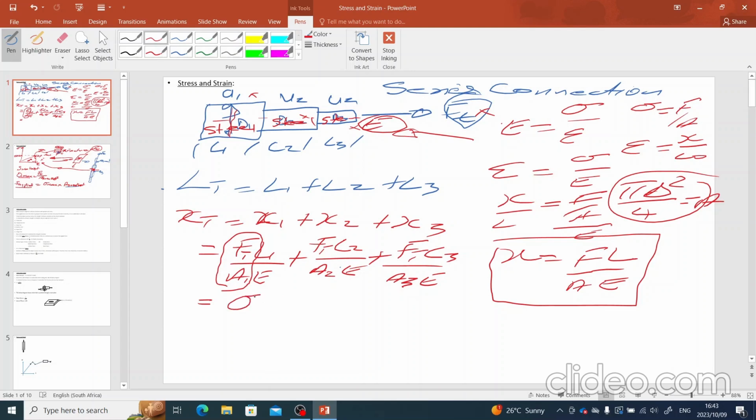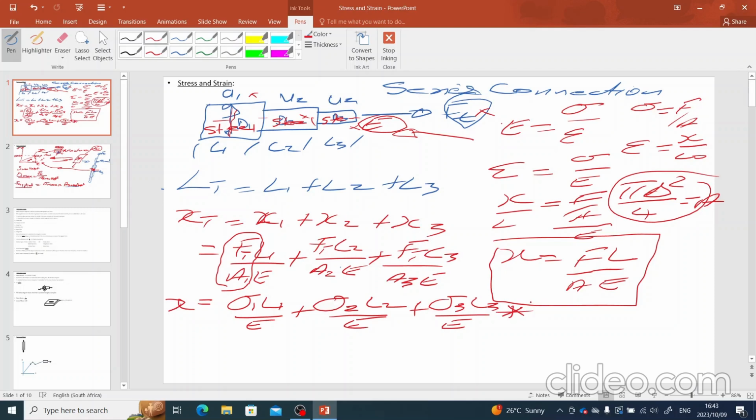You then have stress 1, length 1 over Young modulus, plus stress 2, L2 over Young modulus, plus stress 3, L3 over Young modulus. It doesn't limit you. It will depend on the given information. They can say calculate the total change in length, and yet you are given the stresses. It means this is the route that you need to take.